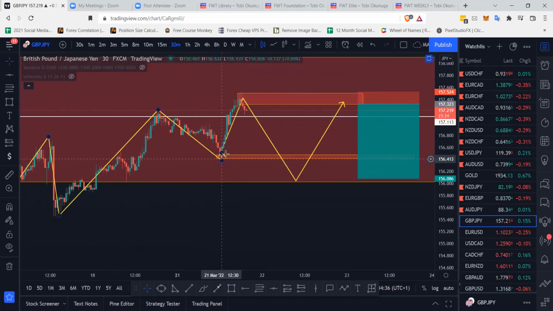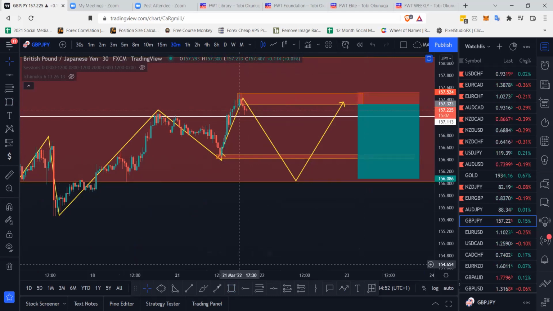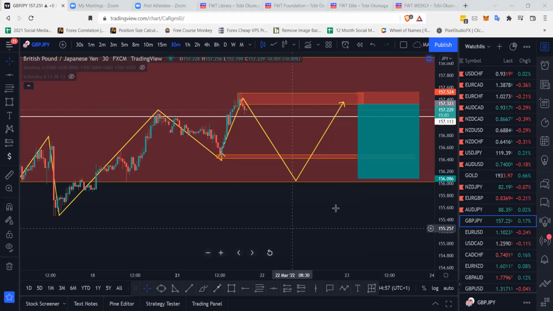So this is the structural area. This is the lower low. I said lower low, higher low. And then price from the higher high, you want price to break this and retrace into the order block, and then you sell. All right, Mr. Fizz, so that's what I would do if I'm to enter GBPJPY.